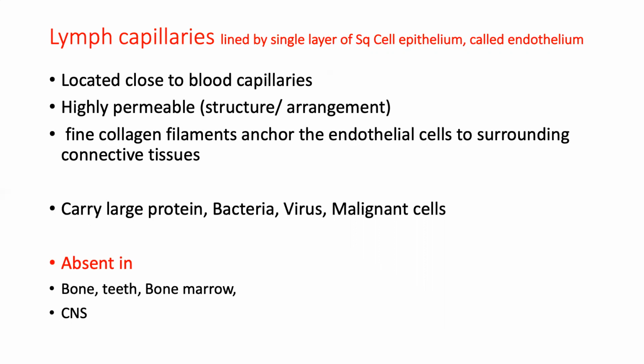They are highly permeable structures, and they are arranged, as you can see, with the filaments. The fluids can easily enter the lymphatic system, and fine collagen filaments anchor and open the mini valves. They will carry large proteins, bacteria, viruses, and even malignant cells.